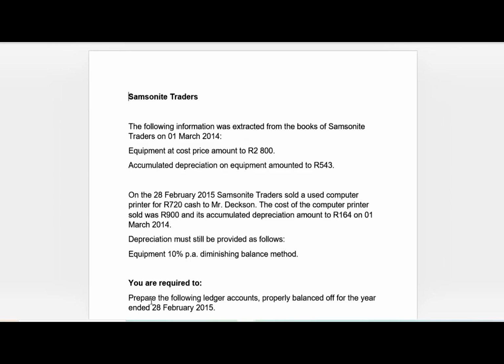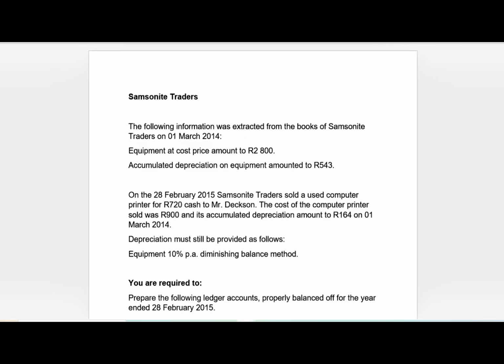They're saying the following information was extracted from the books of Samsonite traders on the 1st of March 2014. Equipment at cost price amount to 2,800. That is the opening balance of the equipment that we opened with on the 1st of March 2014.